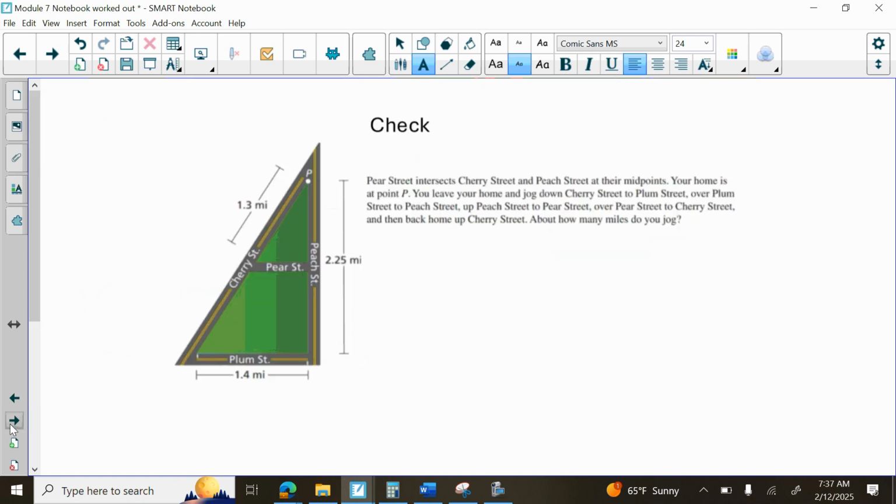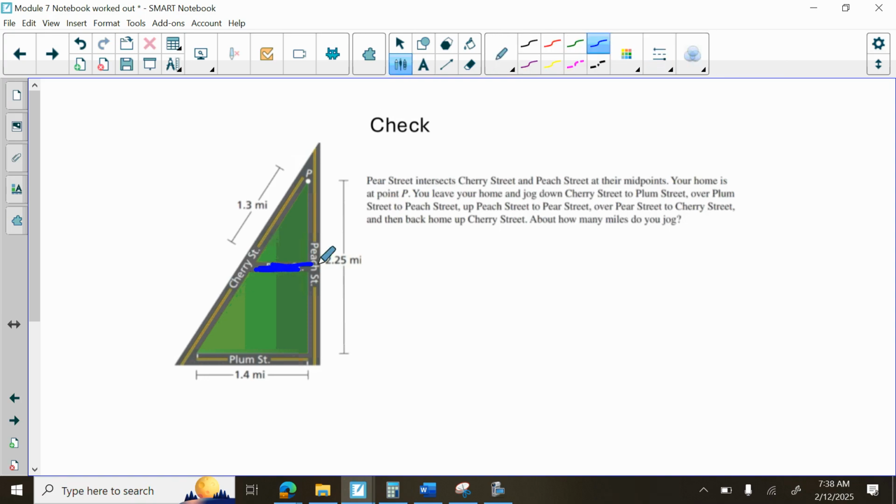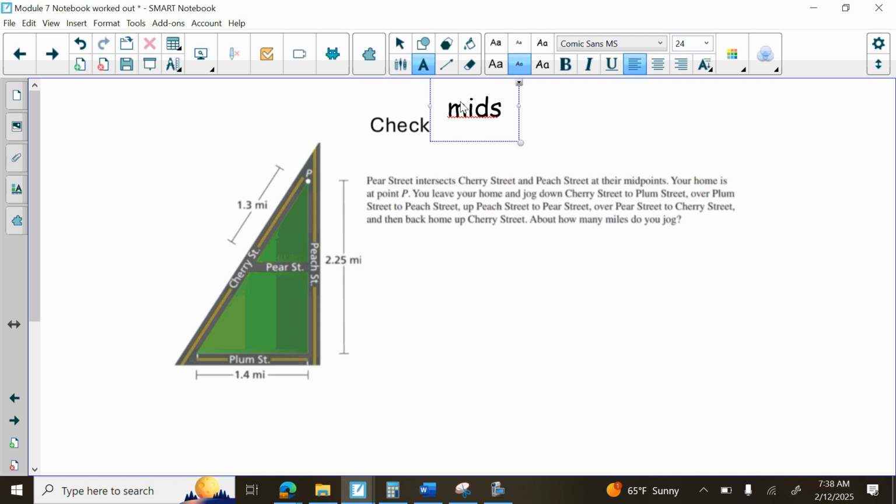All right. What type of question does this look like? What's this line here? Mid segment, right? So you should automatically think about mid segments.